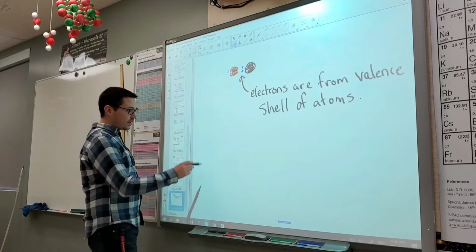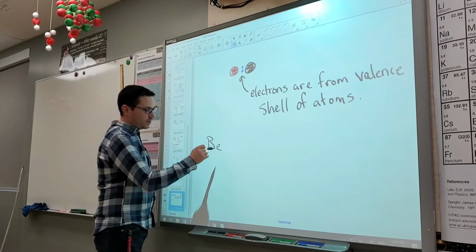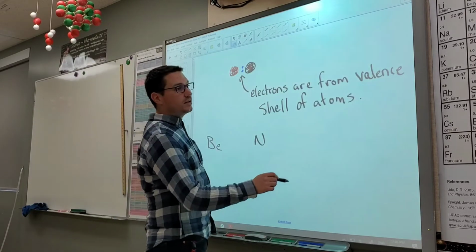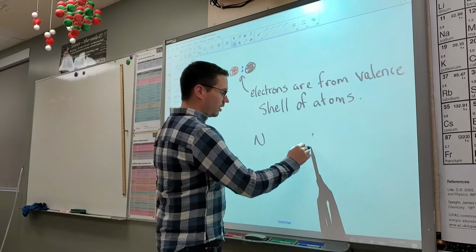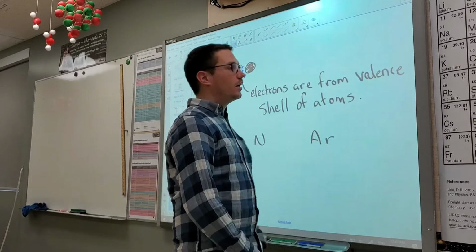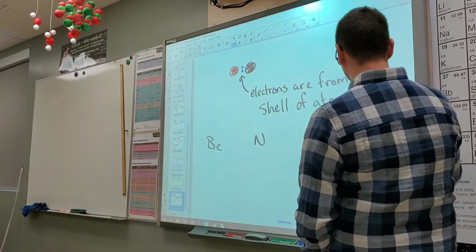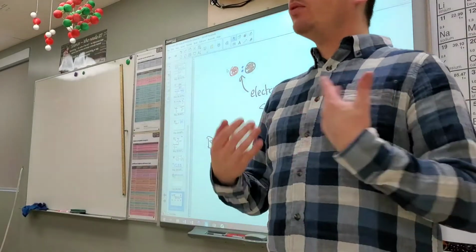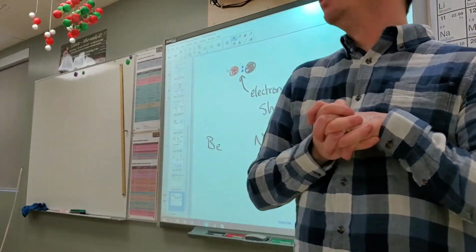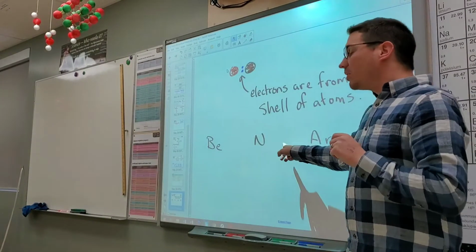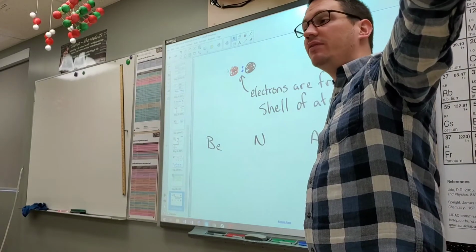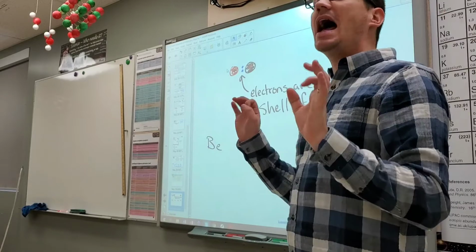So let's take a look at beryllium, nitrogen, argon, and aluminum. I want you to quiz yourself. I want you to try and see if you remember how to make the Lewis structure of these elements, these atoms.